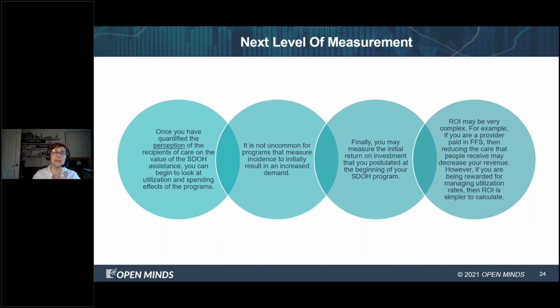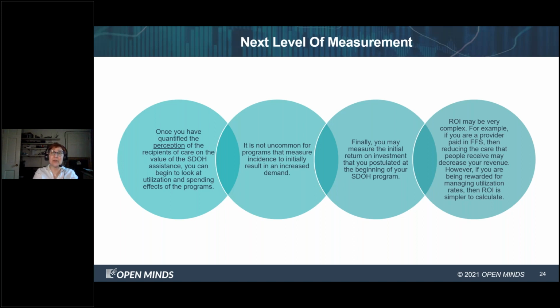Then you want to start thinking about what's the value of social determinant of health assistance. What is the effect of looking at these things on utilization of services, needs for the programs to intervene. Now, let me give you a slight caveat here, which is because we live in an environment in which people get paid for the service that they do, it's very difficult to start thinking about moving away to an environment in which you're decreasing the demand for your services.